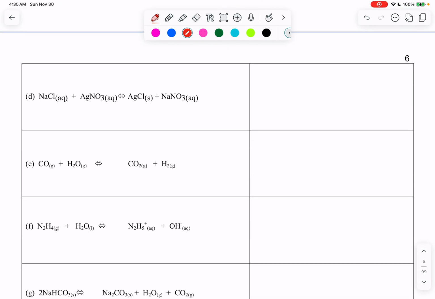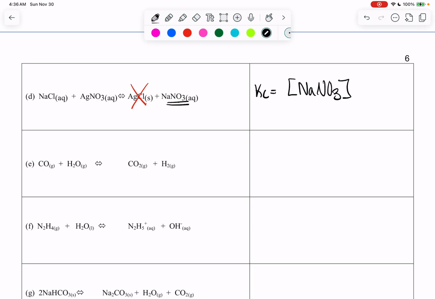Okay, let's go over the next one. Here, I'm looking again to see what I exclude. Silver chloride is something that I can exclude. And so now I set up my equilibrium law expression. Kc, recall I put products on top. So sodium nitrate, NaNO3.